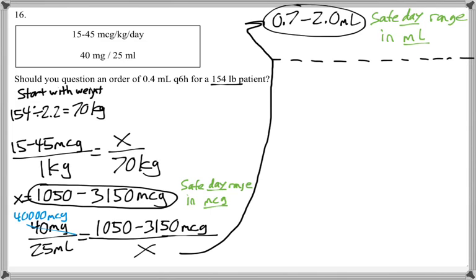So I'm going to take the 0.4 milliliters, which is Q6H, and I'm going to multiply it by 4 because Q6H means 4 doses. And that equals 1.6 mLs. So this is 1.6 mLs for a day.